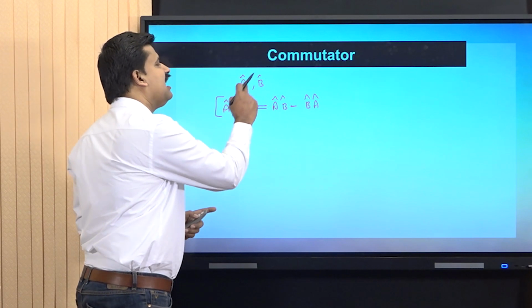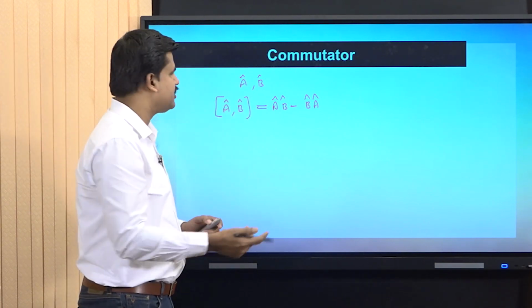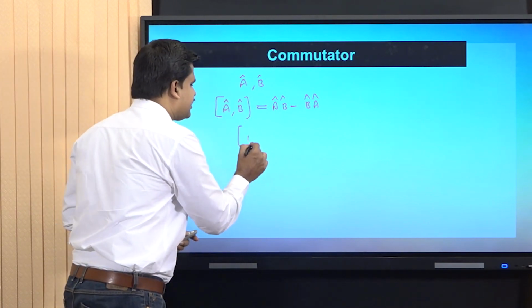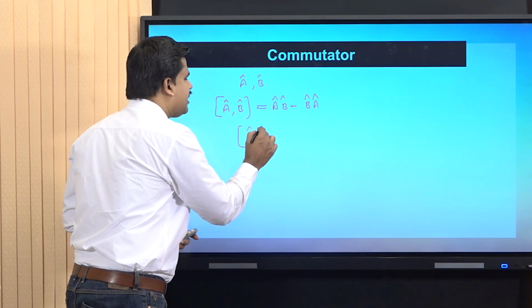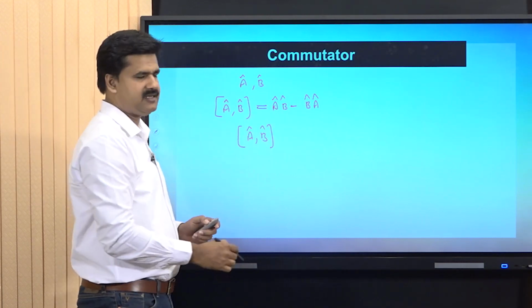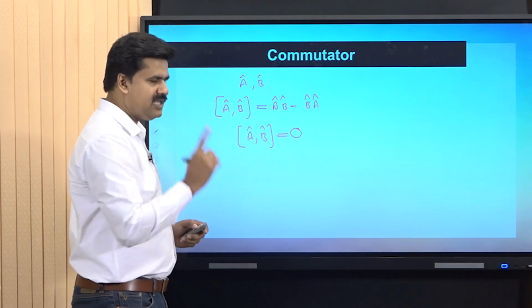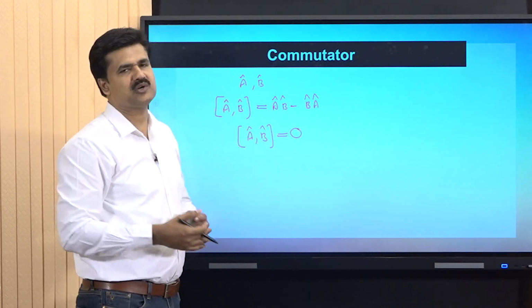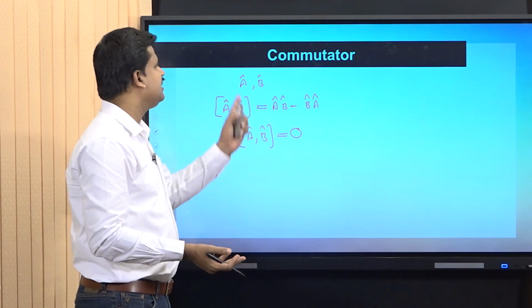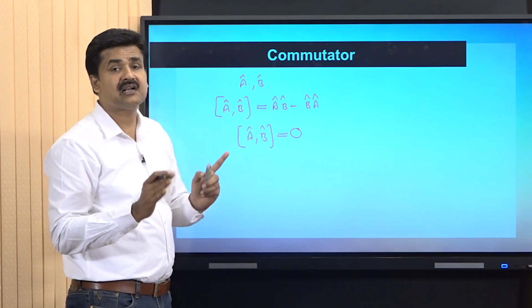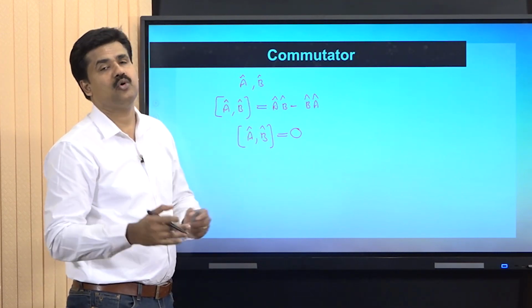If A hat and B hat commute with each other, their commutator should be equal to 0. If the result is not equal to 0, we can say that A hat and B hat are non-commuting operators.